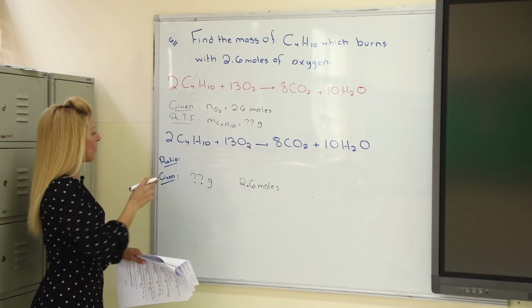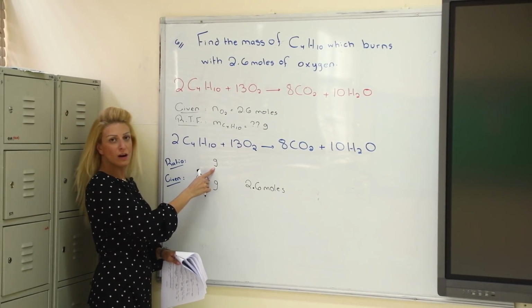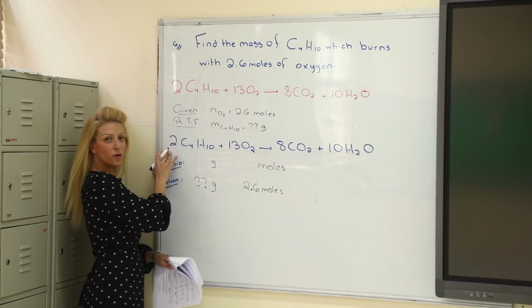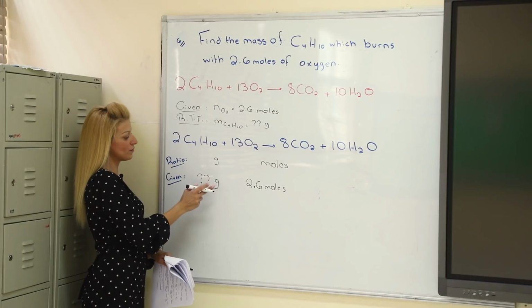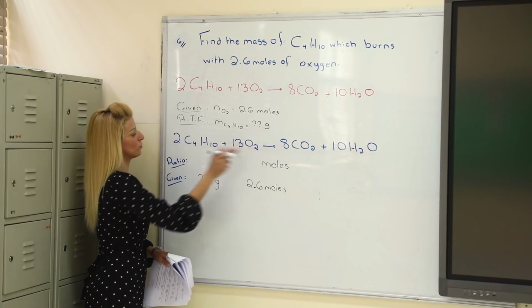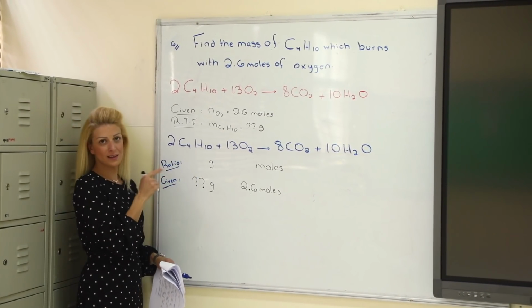So the ratio from our equation should be in the same units, which is grams and moles here. So we go to our equation and we write the values according to the units that are in the given. So grams and moles. 2 C4H10s have what mass in grams?